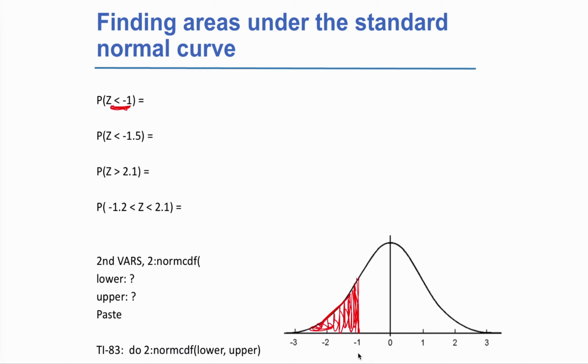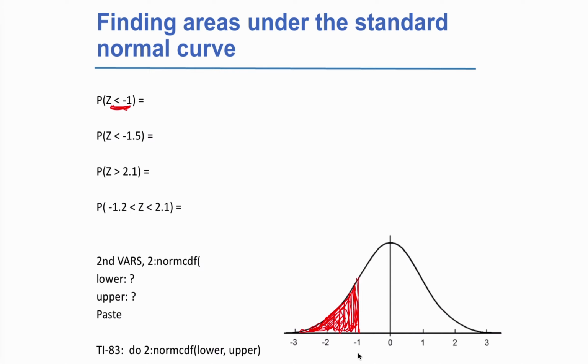So the probability of a value being less than -1 under the curve is going to be the area of all the parts less than -1. This one, because it's a whole number, we could do using our empirical rule. We're not going to, though. We're going to do this on your calculator.